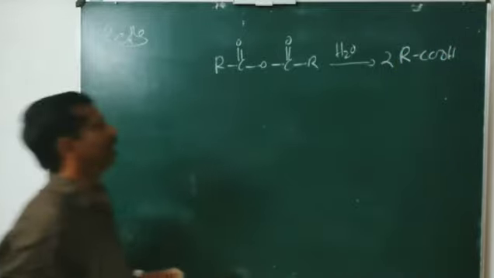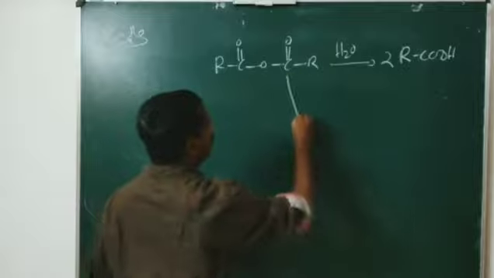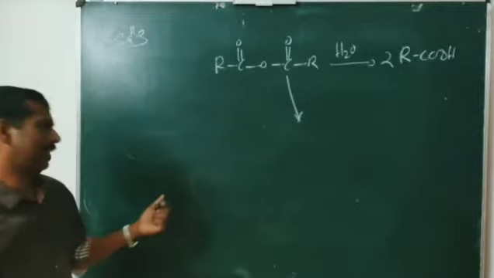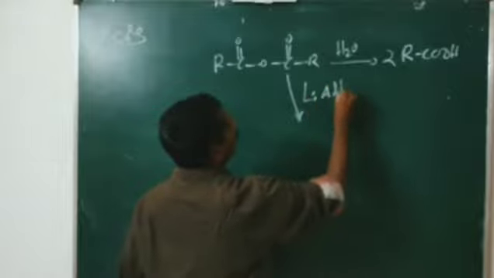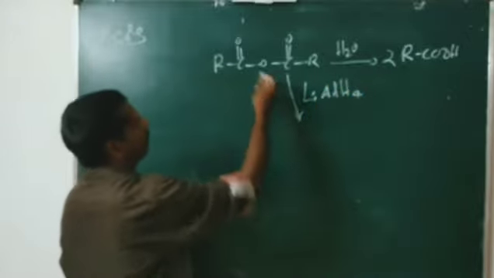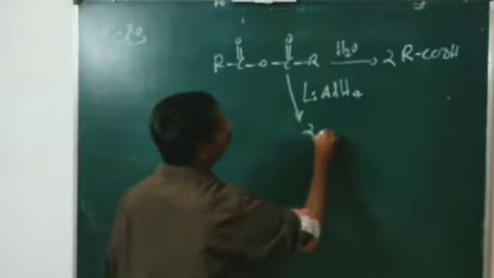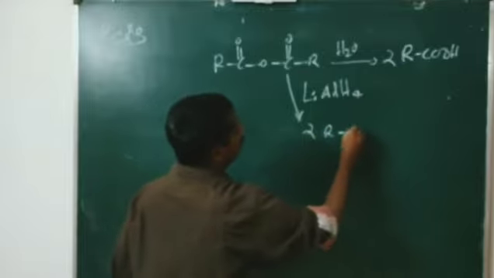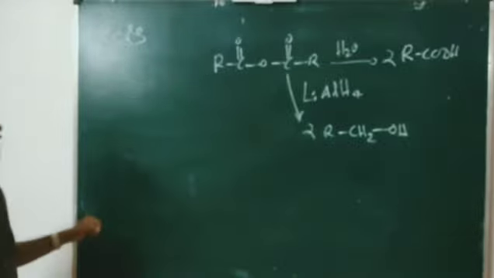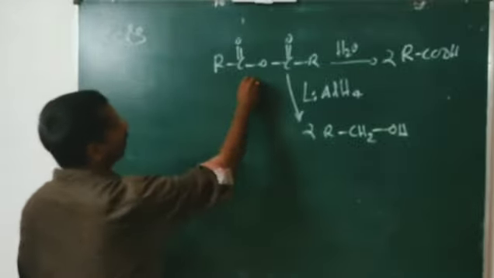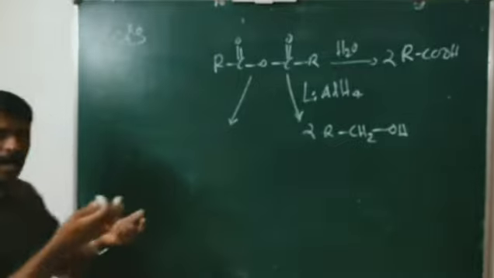On reduction with LiAlH4, again it changes into two molecules of RCH2OH.